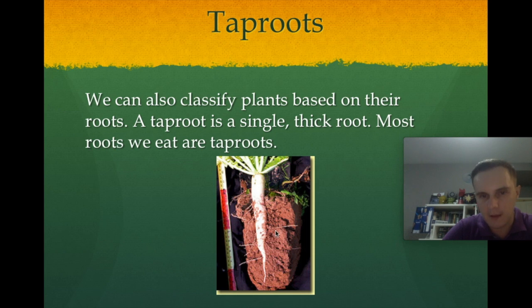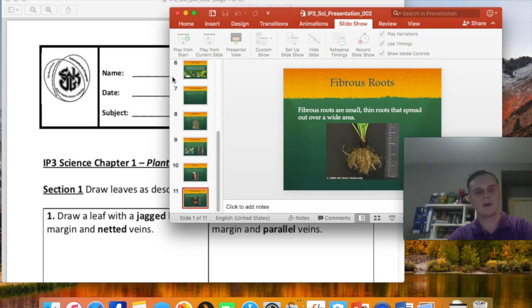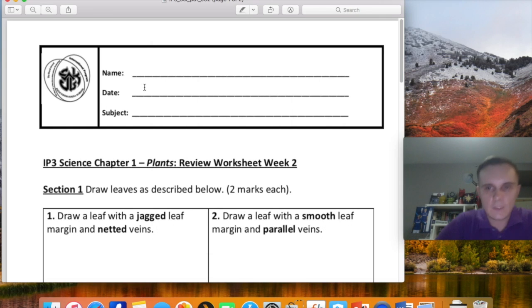Maybe there's some little tiny roots coming off the main root, but generally this is just one big, thick root. So that is a taproot. But we also have fibrous roots. These are roots that spread out over a wider area to get more water. Okay, again, that is the end of our PowerPoint, and I'm going to show you your worksheet.